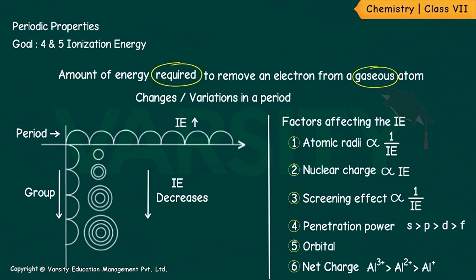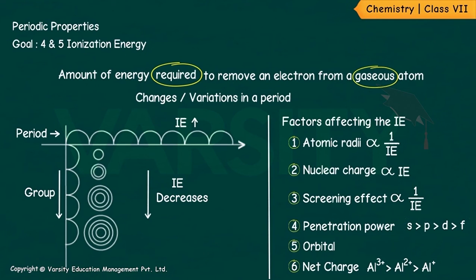P orbital requires more ionization energy than d orbital. D orbital requires more ionization energy than f orbital. So here, the f orbital is more away from the nucleus and has less nuclear charge on valence electrons.